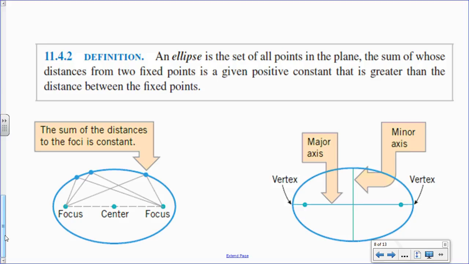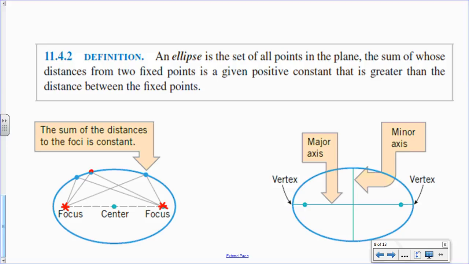Since there are two fixed points, there are two foci. I'm not just saying distance 1 equals distance 2. I actually have to have the sum of the distances, since there are two foci to draw to.